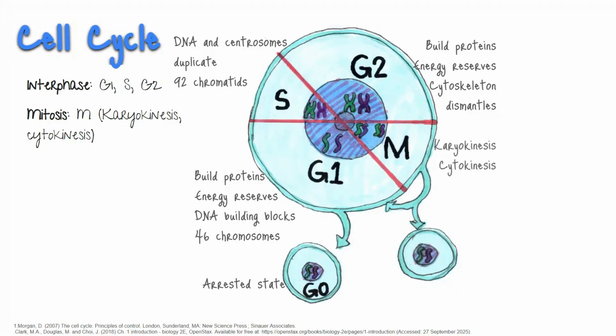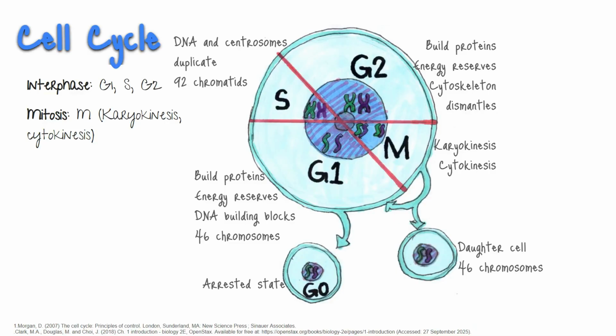Mitosis is where cells divide. The first portion of the mitotic phase is karyokinesis, or nuclear division. The second portion is called cytokinesis, which is the physical separation of the cytoplasmic components into the two daughter cells, which end up with 46 chromosomes. In G1, there are 46 chromosomes.